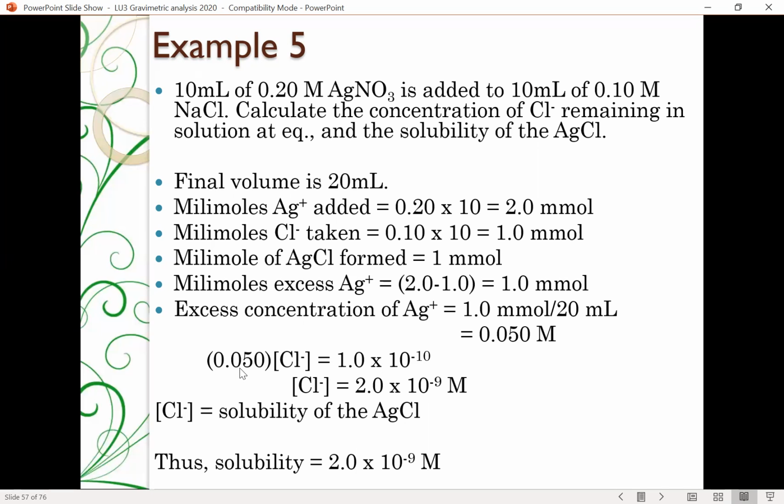Okay, so 0.05 is Ag+. Now we have to find Cl. So this is Ksp for AgCl. Okay, so here we get the concentration of the chloride ion, 2 times 10 to the power of negative 9 molar.